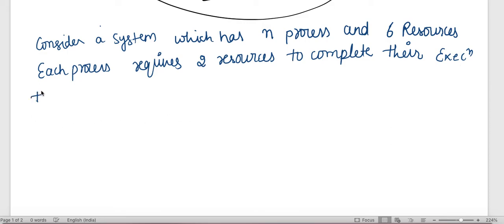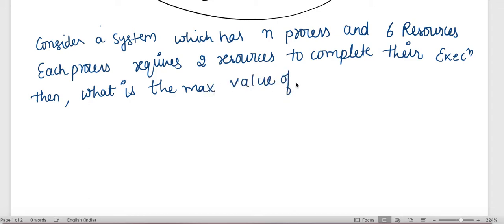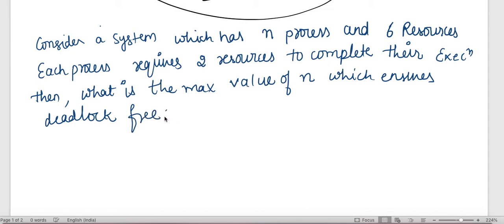Then what is the maximum value of n which ensures deadlock free operation?